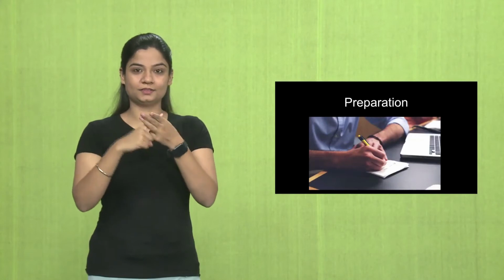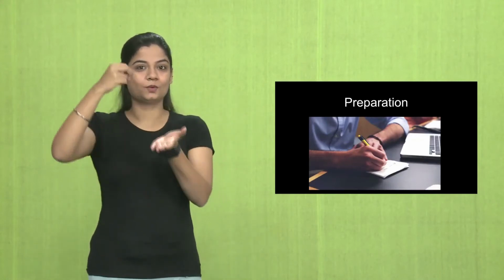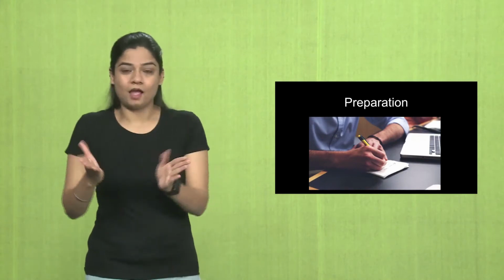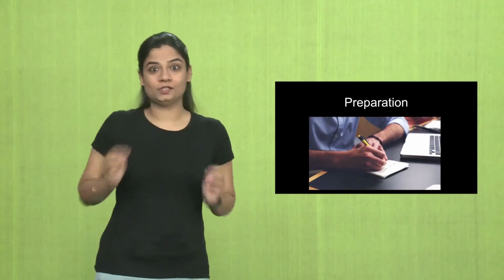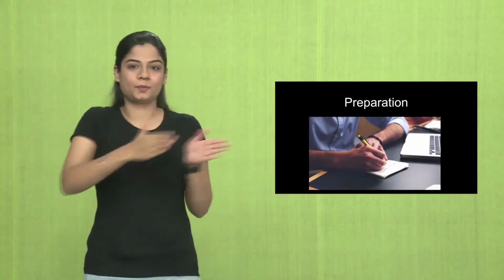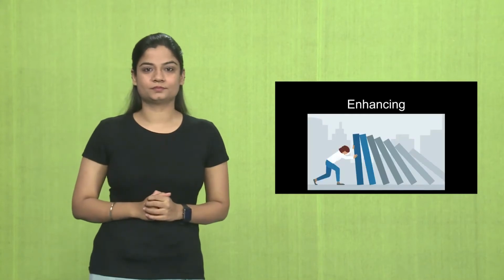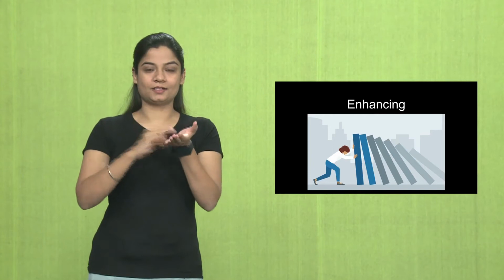Preparation, the action or process of preparing. For example, before cooking the food, we have to do some pre-preparations for it, like cutting, etc. Enhancing, to further improve the quality.